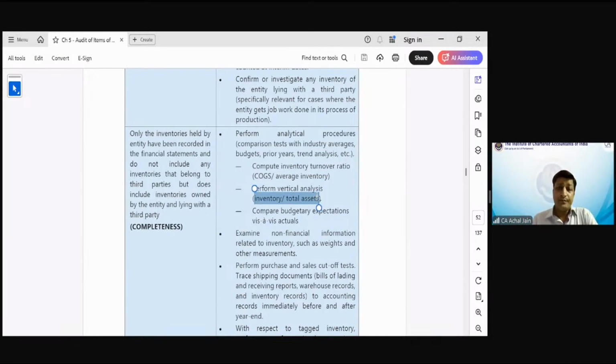Then inventory turnover ratio. Again, a very important KPI from the investor's perspective, from the management perspective, means how quickly the inventory is getting rotated. Okay, so that again is a very important parameter for evaluation that will also have to be looked at. And then, of course, in some of the cases, the budgeted numbers which the management will have, they can be compared with the actual numbers. Okay, so that can also become one of the basis.